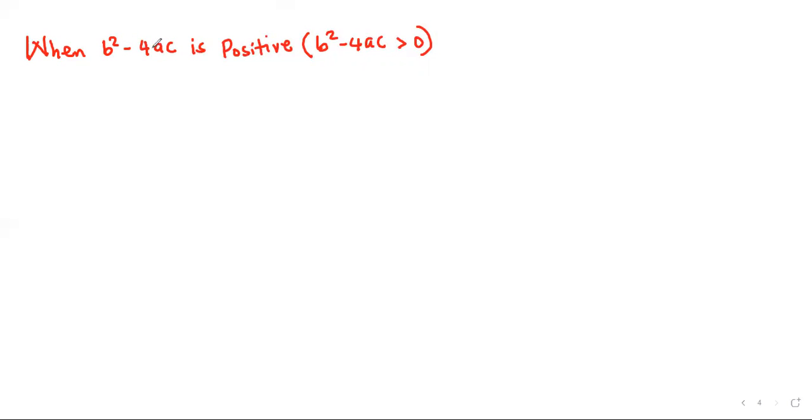When b squared minus 4ac is positive, the equation has 2 real solutions. I hope you have understood that. We can get 1 solution, we can get 2 solutions, we can get no solution. Okay?